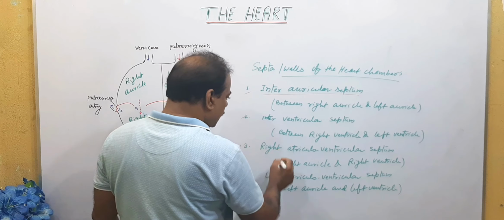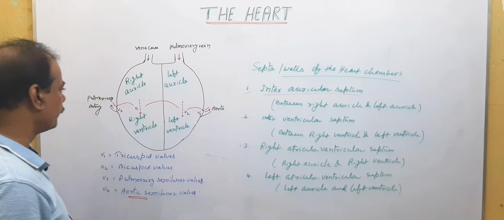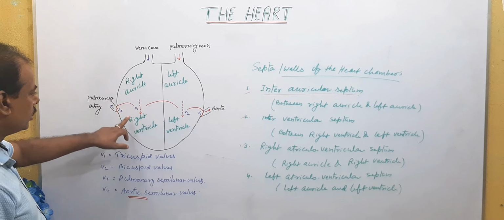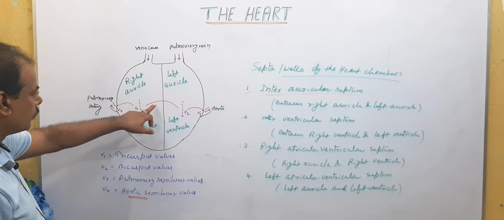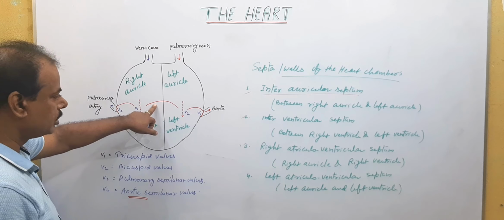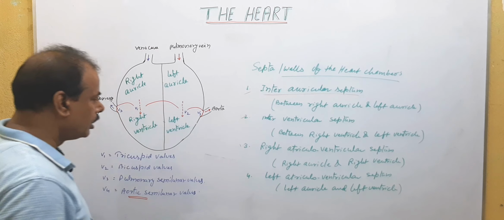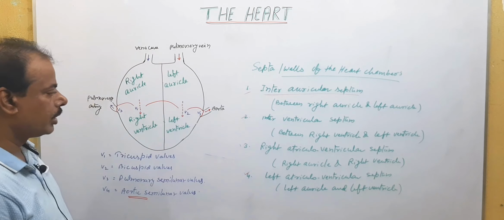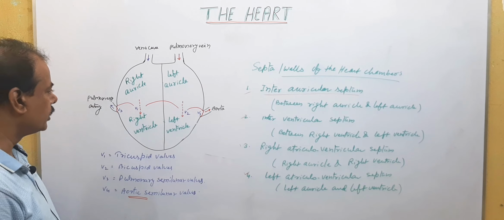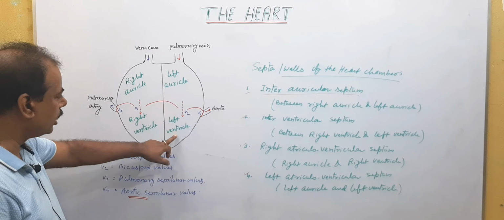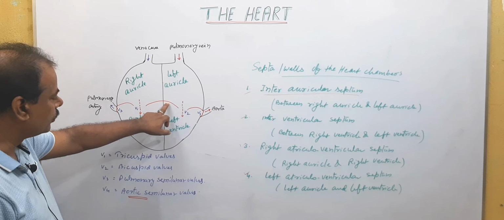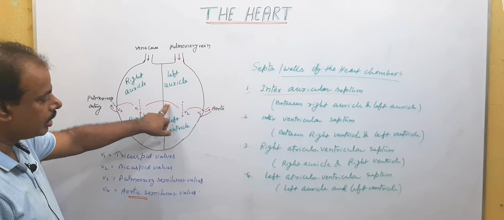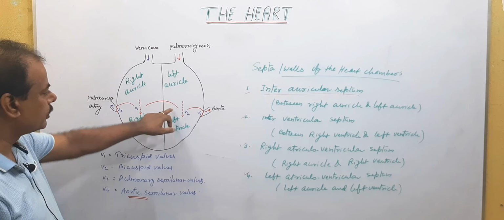Third is right auriculoventricular septum. Here it is right auricle, right ventricle. Between these two, the wall or septum is known as right auriculoventricular septum. And the fourth, left auriculoventricular septum, it is located between left auricle and left ventricle. This wall is known as left auriculoventricular septum.